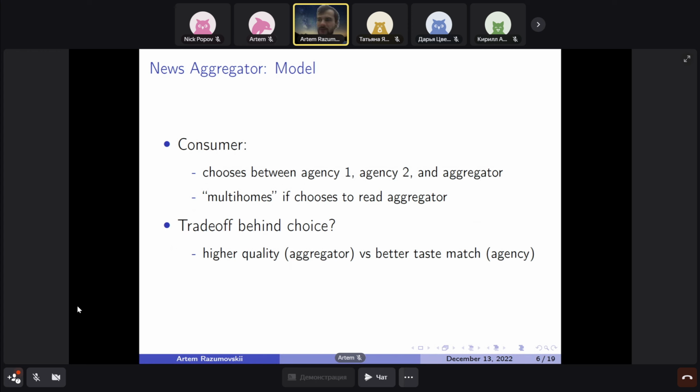I don't have the possibility to read the high-quality news from Komsomolskaya Pravda. But if I'm going to this kiosk, I can take Metro and then buy Komsomolskaya Pravda in case I see some interesting topic presented there. So that's my trade-off behind my choice. Do you see?